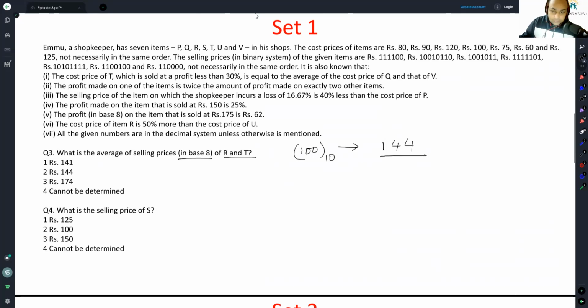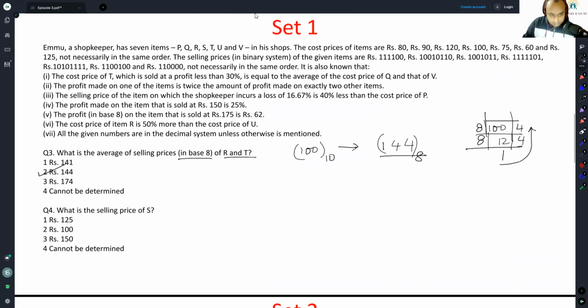This will be 144 in base 8. So option 2. I hope you know 100 divided by 8 gives us 12, remainder of 4. 12 divided by 8 gives us 1, remainder of 4. So in base 8, the number will be 144.